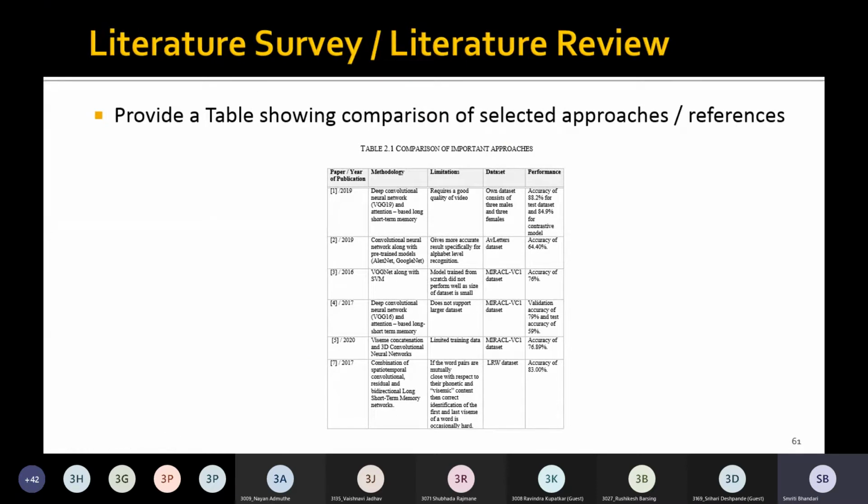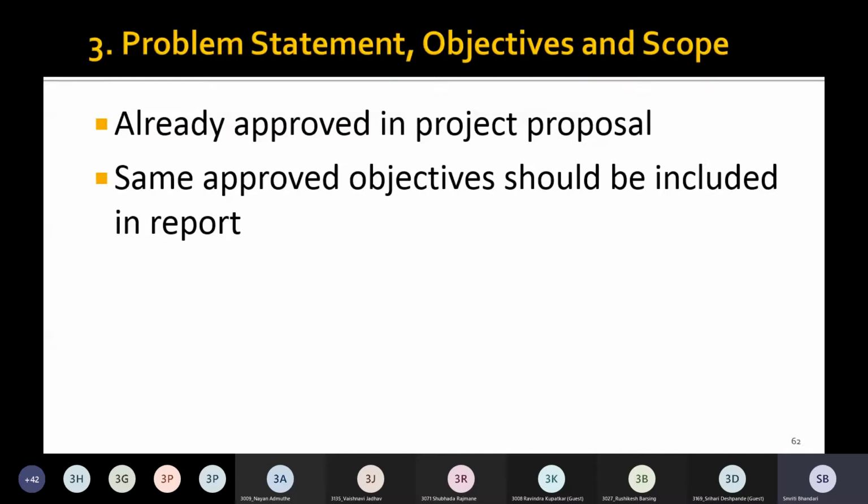Now let us proceed with the third chapter in our report, and that is problem statement, objectives and scope. In fact, this chapter is similar to that of the project proposal. Already in our project proposal, we have defined the problem statement. Already in our project proposal, we have defined our objectives and scope.